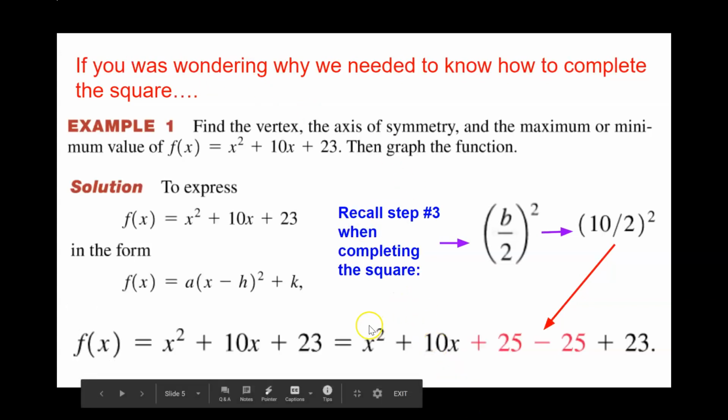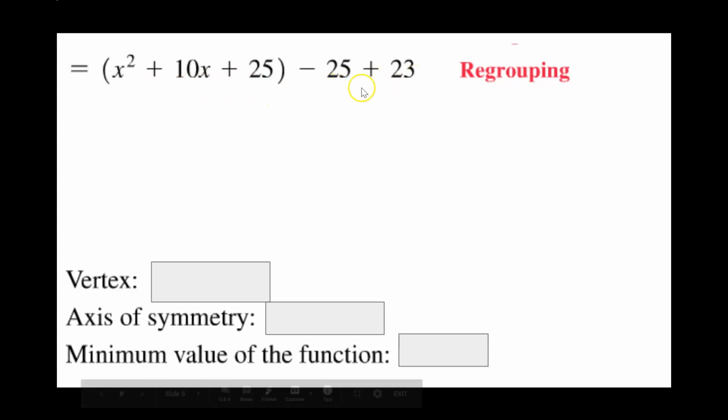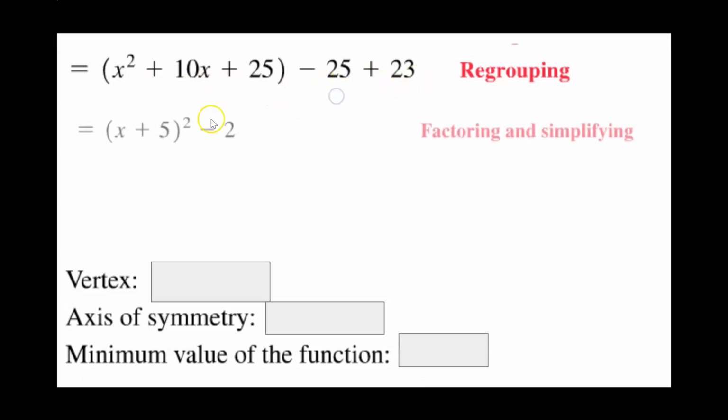So I'm going to put this part in parentheses because that's going to be our perfect square, and then I'm going to add these two together, and that's going to give us a -2 here. To complete the square, this factors to be x plus 5 squared. So x plus 5 times x plus 5 gives us all this trinomial up here.